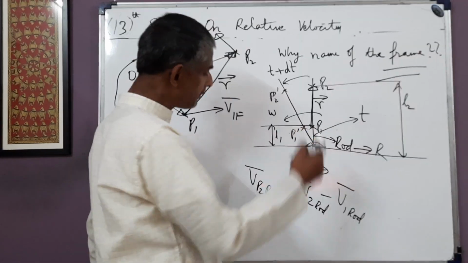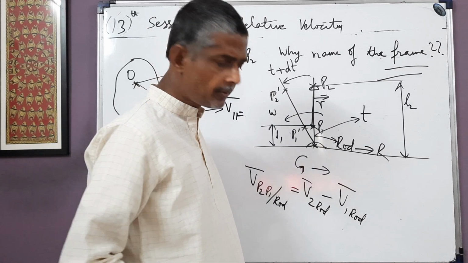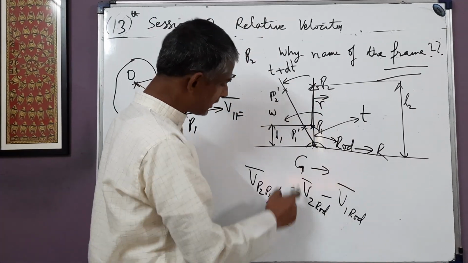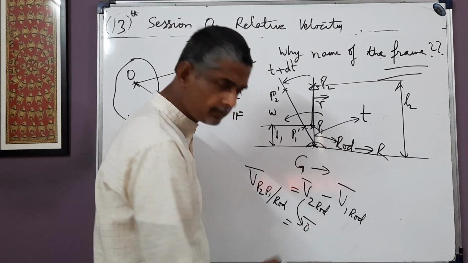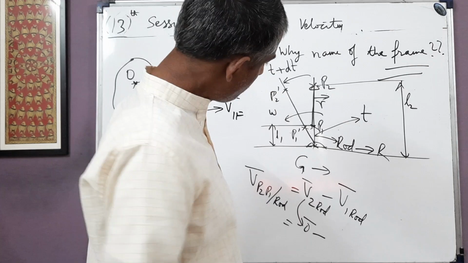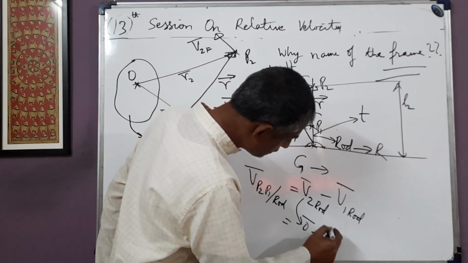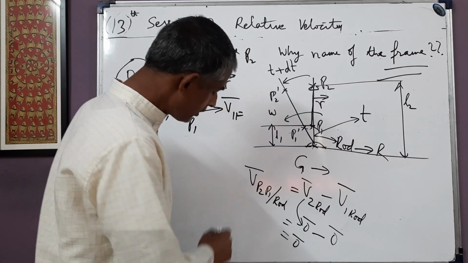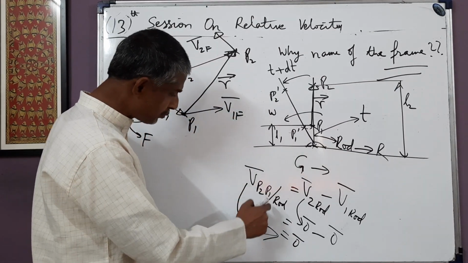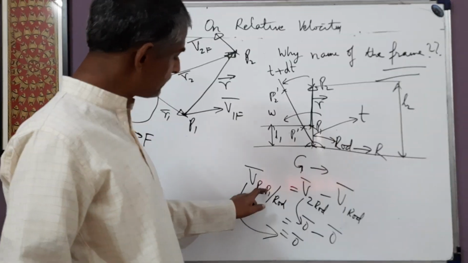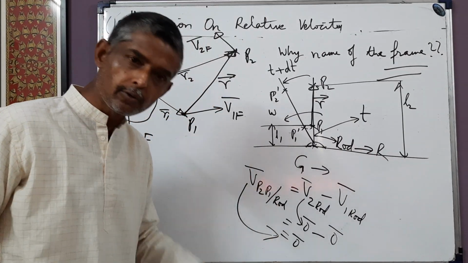But P1 and P2 are material points of the rod, so the velocity of each with respect to the rod itself is 0. This minus this is 0 minus 0, that is 0. So the velocity of P2 with respect to P1 in the rod frame is 0.